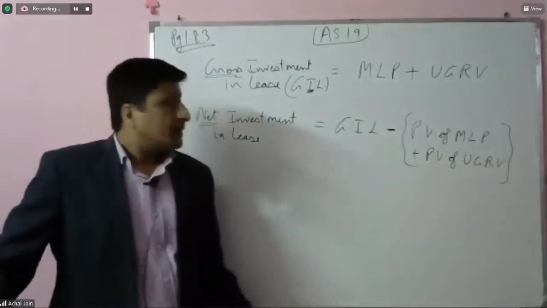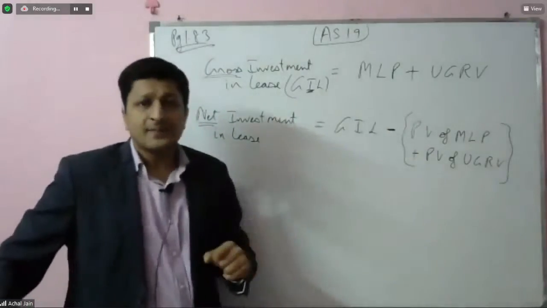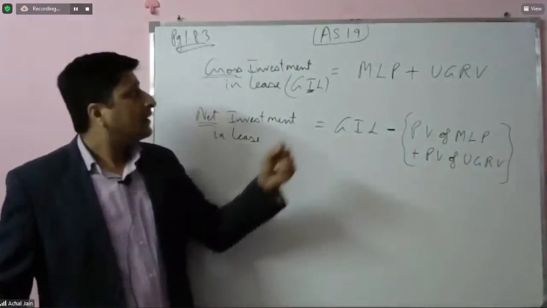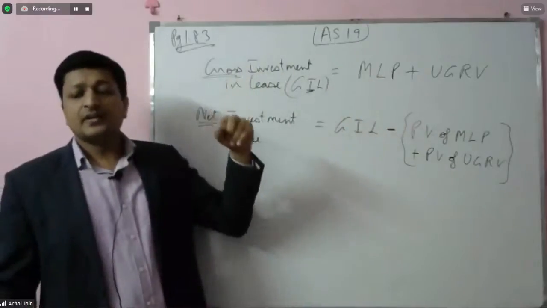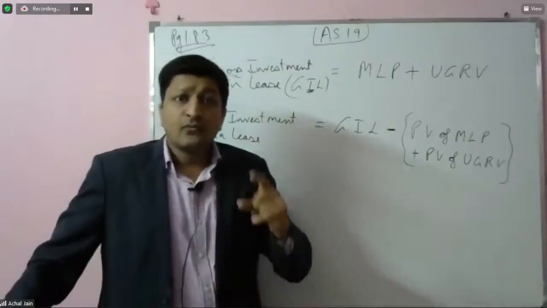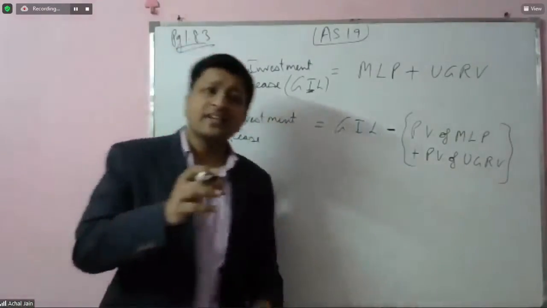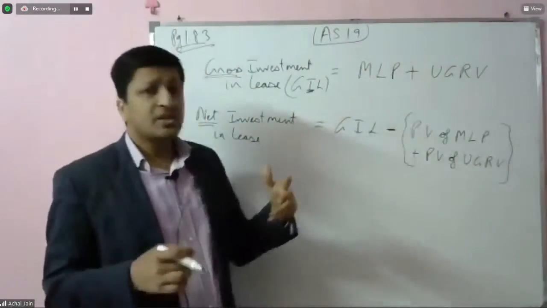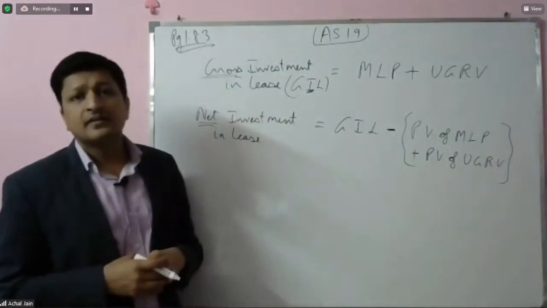So what are we checking now? You may be thinking, sir, both of them are the same. Yes. So basically, when you look at MLP plus UGRP, this involves a time value component. If we take away the time value component from these two, what do we get?